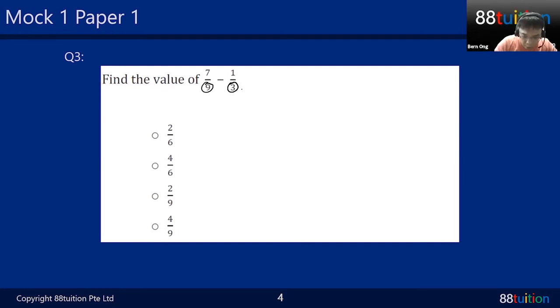How do you make the 3 become a 9? 3 times 3 is 9. But remember, you have to be fair. Whatever you do to the denominator, you must do to the numerator, because math is all about fairness, not fatness. Fatness is me, I'm so sorry. Math is all about fairness. So 7/9 minus what?